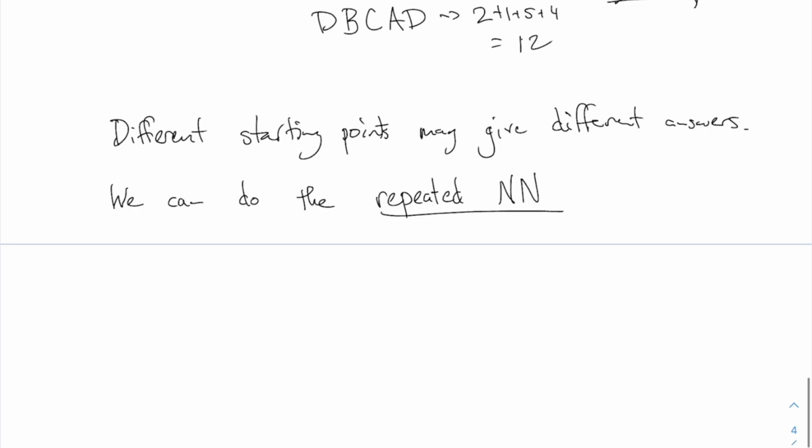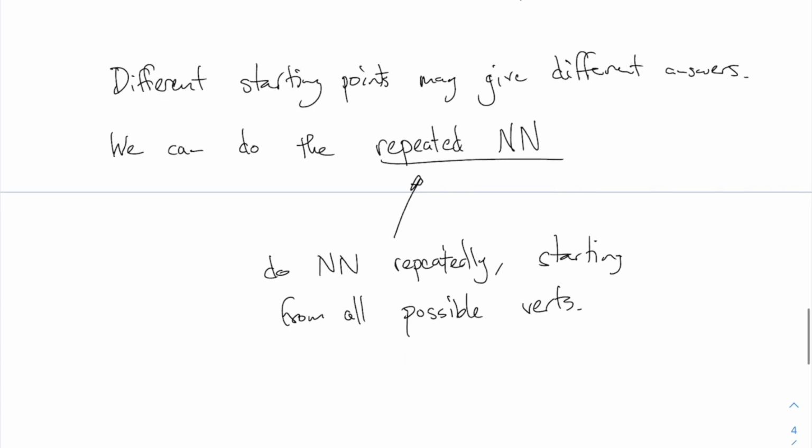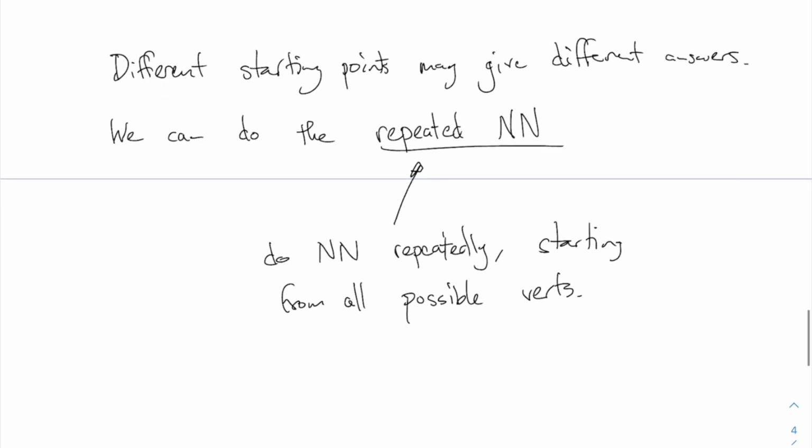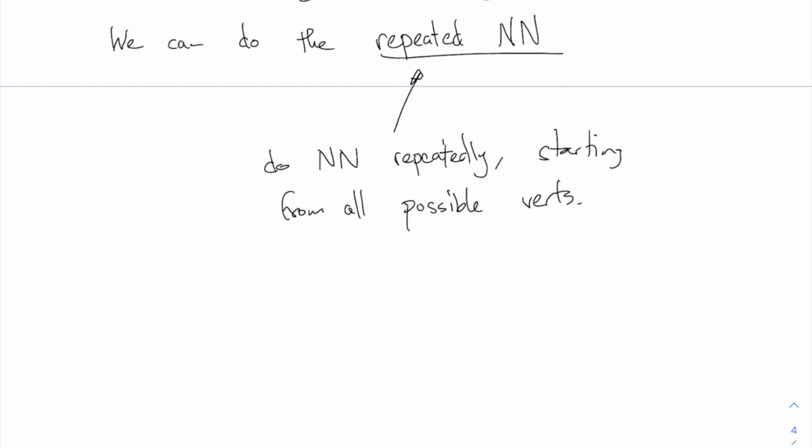The repeated nearest neighbor, that means you do nearest neighbor repeatedly, starting from all possible vertices. And then when you're all done, you choose the best overall. Now there may be many ties or whatever, but this is the idea behind the repeated nearest neighbor.